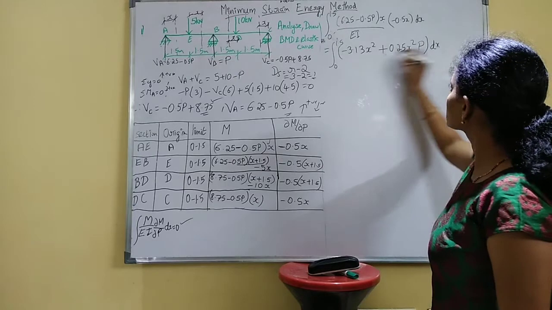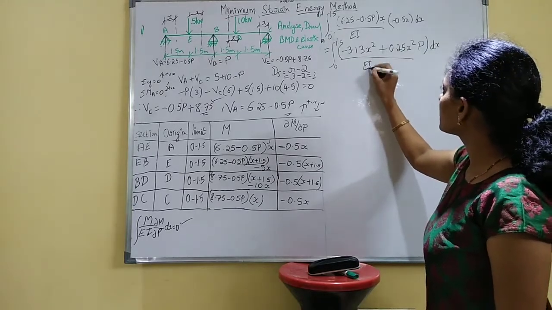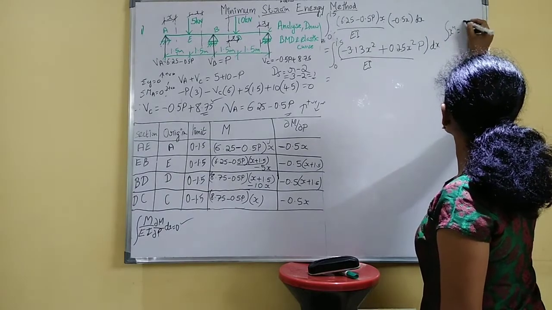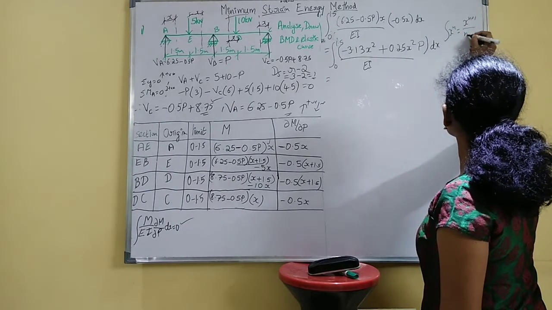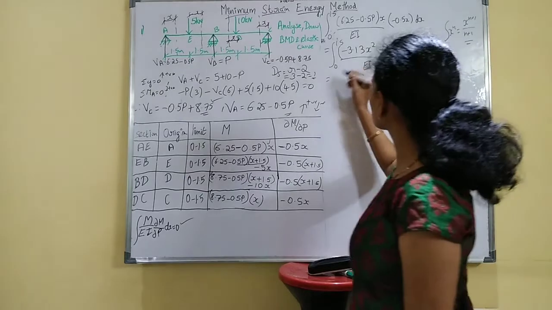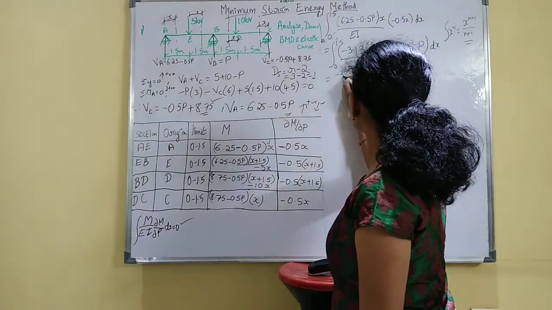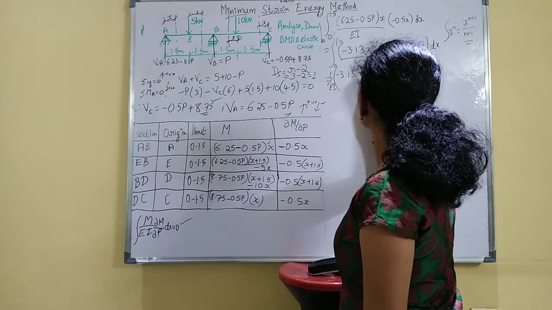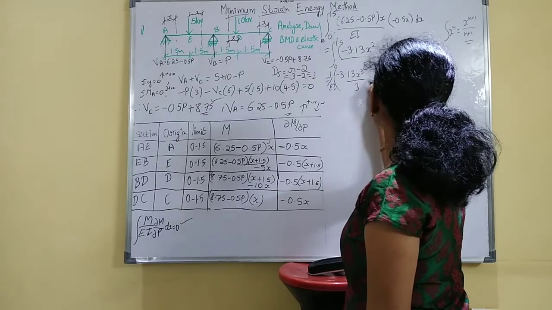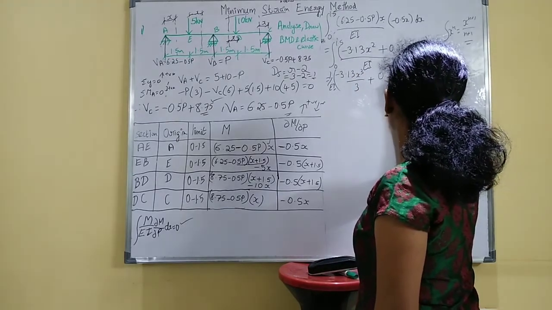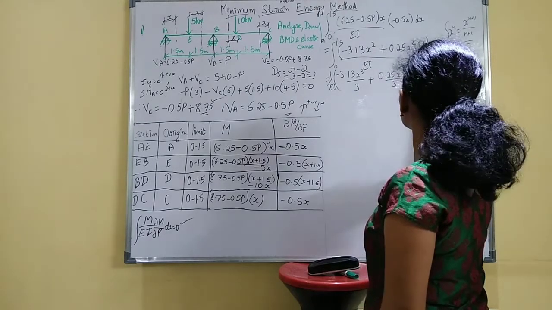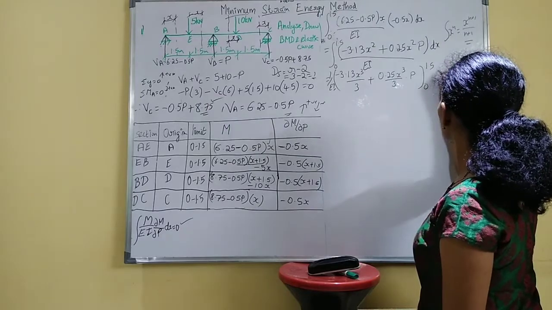So dx divided by EI, integrated, integration of x power n plus 1 by n plus 1. Okay. So integration, 1 by EI is constant, 3x cube by 3 plus 0.25x cube by 3 P, limit 0 to 1.5.